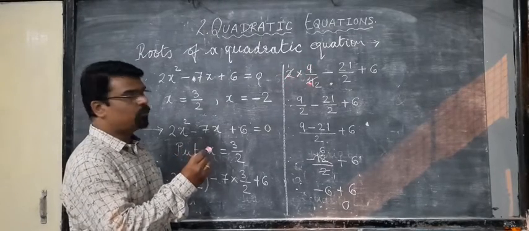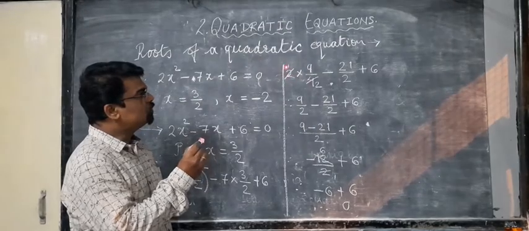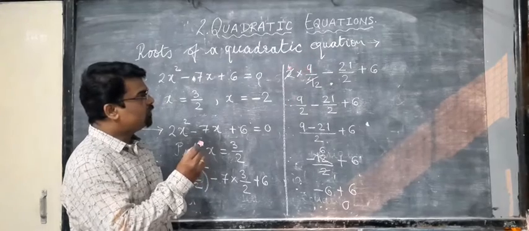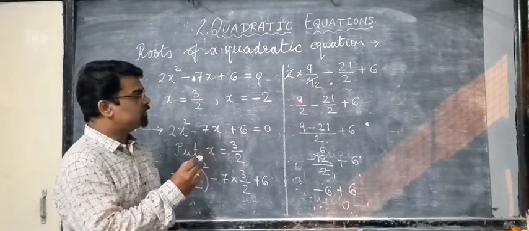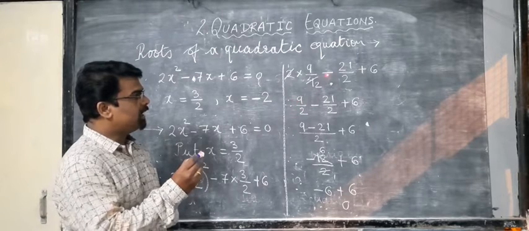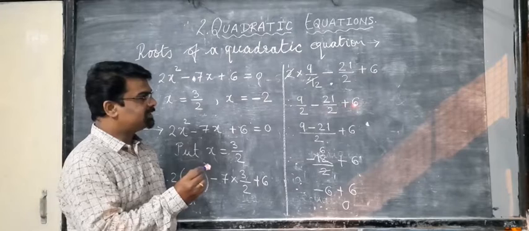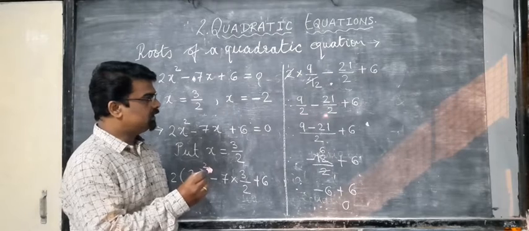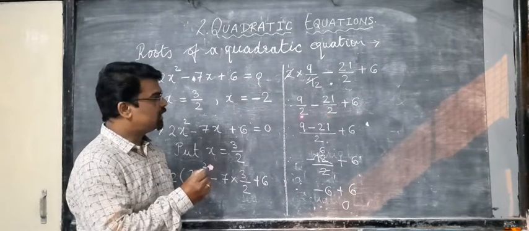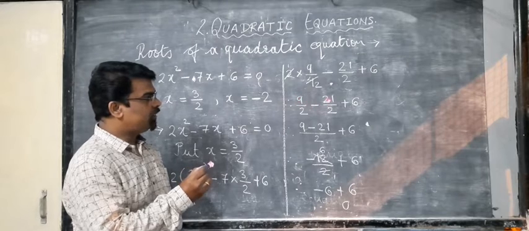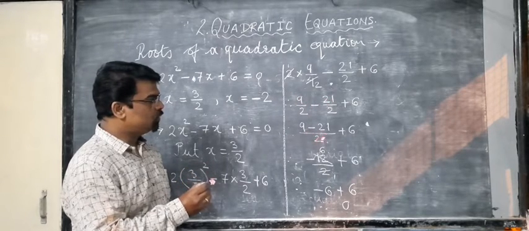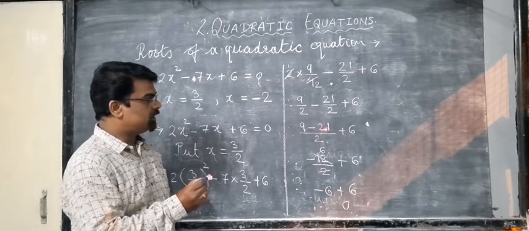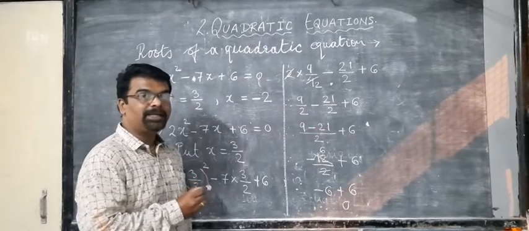Now this can be solved further. 2 into 9 upon 4: 2 1s are 2, 2 2s are 4. So it will be 9 upon 2 minus 21 upon 2 plus 6. Now here in the first two ratios, the denominator is the same, so it can be solved further as (9 minus 21) upon 2 plus 6. 9 minus 21 is equal to minus 12.